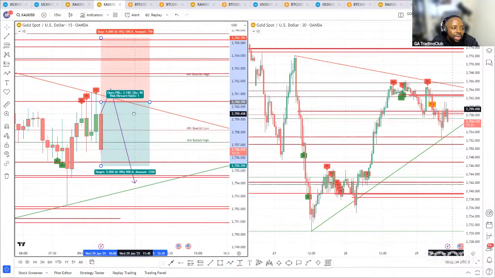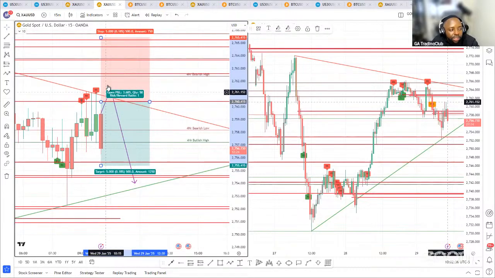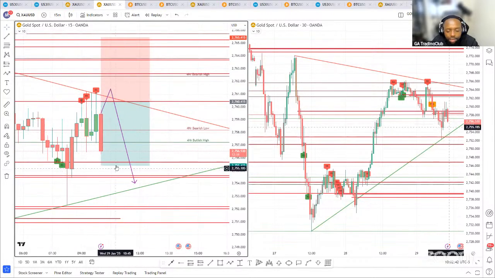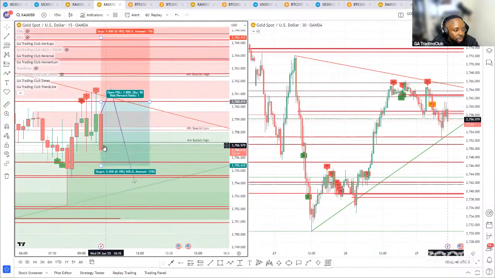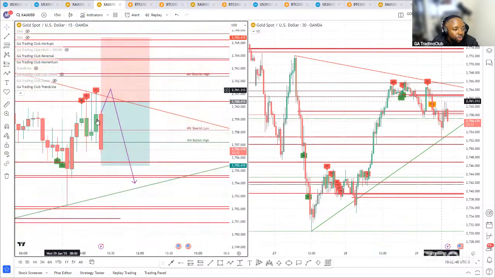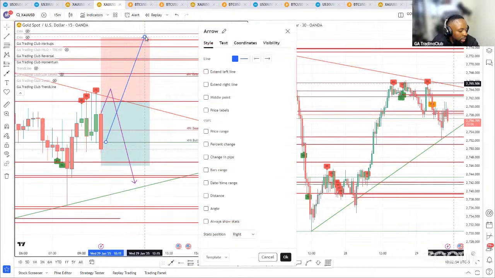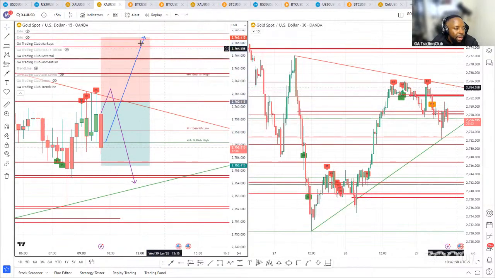So is it a trade I'm willing to take, to wait for price to come back up? Because if price comes back up right now, guess what it would do? It would be picking up all that demand that we see here in this green zone. Then it would close above the 4-hour bullish high, and price would end up shooting to the upside. So seeing all of that, this is not a sell that I am willing to take.